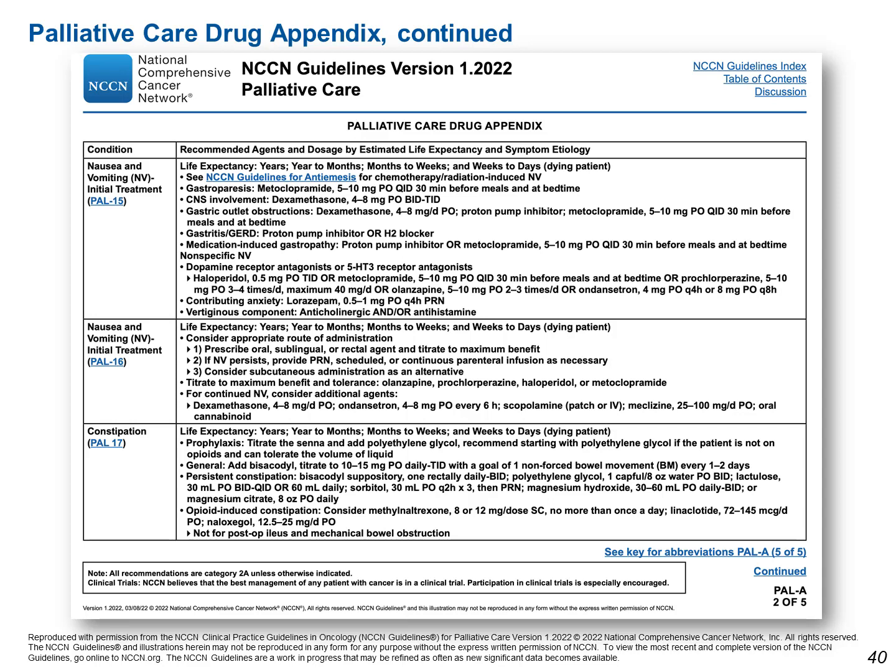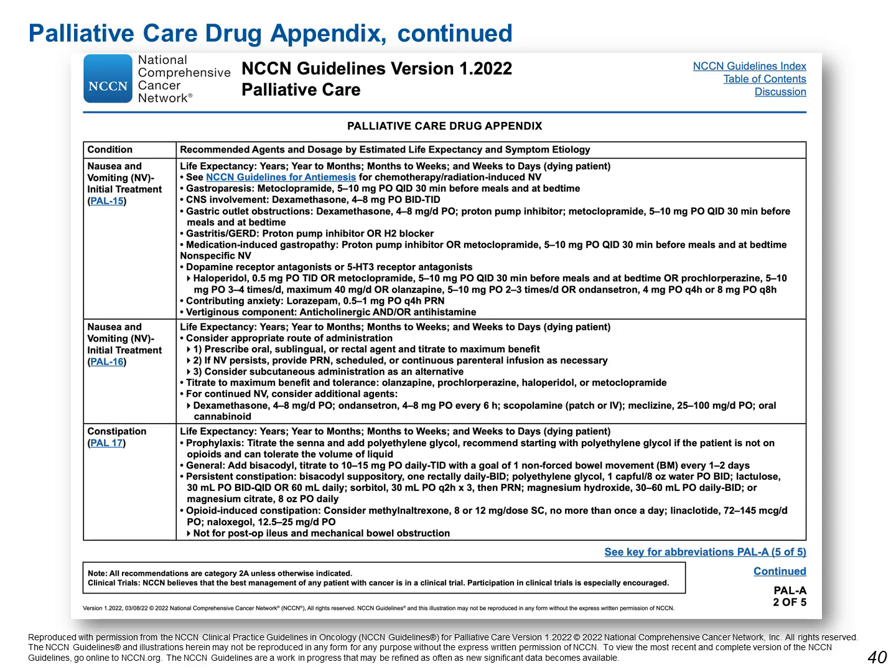For constipation management, for patients with limited lifespan or for patients with longer lifespan, prophylaxis can be by titrating the senna and polyethylene glycol. Recommended starting with polyethylene glycol if the patient is not on opioids and can tolerate the volume of liquid. Generally, add bisacodyl, titrate 10 to 15 milligrams PO daily to TID with a goal of one non-forced bowel movement every 1 to 2 days.